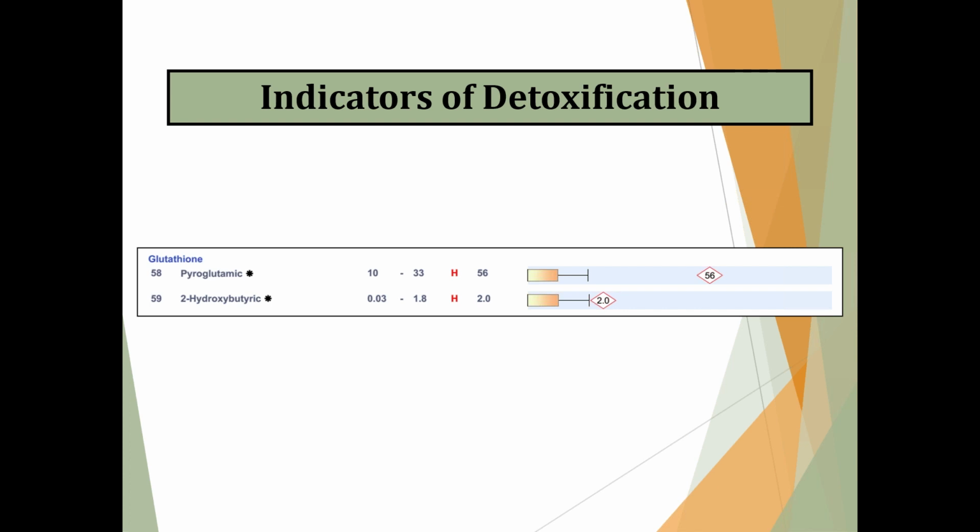They both have asterisks next to them, which means that they're indirect markers, meaning that if pyroglutamic is high, that indicates a glutathione deficiency. In this particular case, this person's pyroglutamic is elevated, so they're deficient in glutathione. The 2-hydroxybutyric most commonly is elevated because of a glutathione deficiency, but there are a few other reasons why it could be high as well.